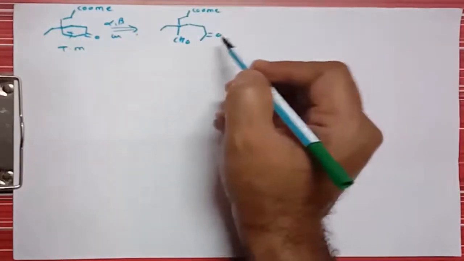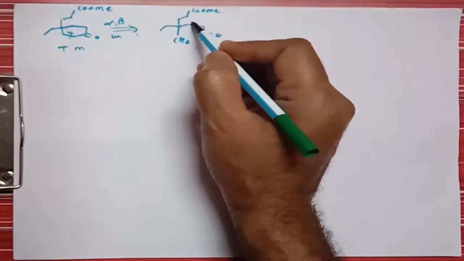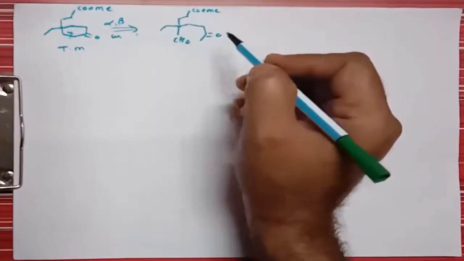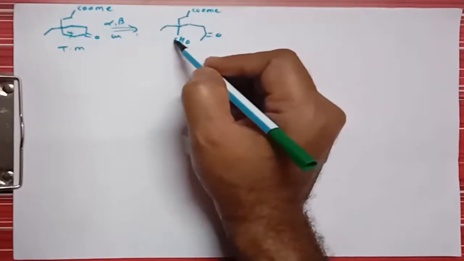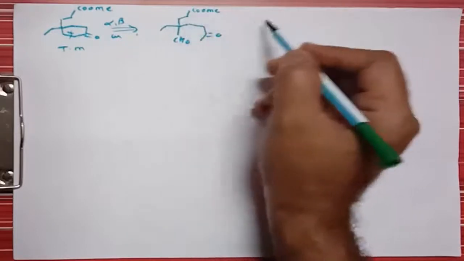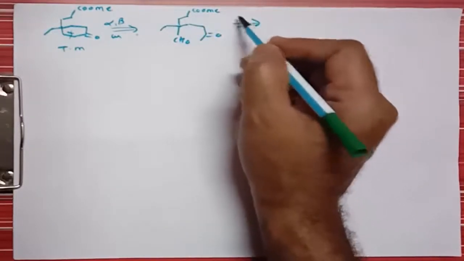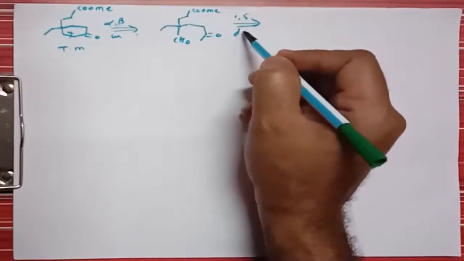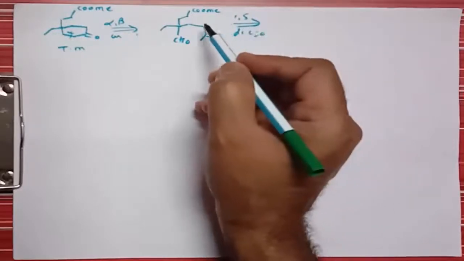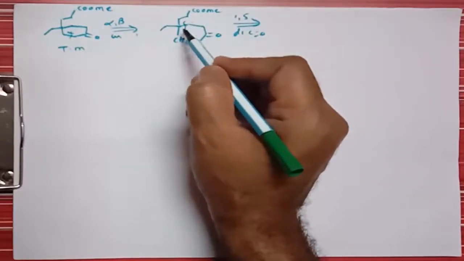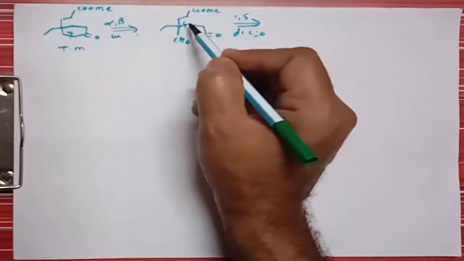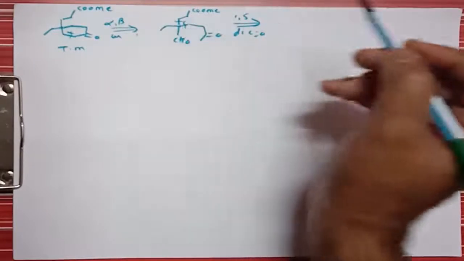So here if we see, it is 1, 2, 3, 4, 5, a 1,5 dicarbonyl compound. Here again 1, 2, 3, 4 and 5, a 1,5 dicarbonyl compound. So we can break the bond at this position, as well as from this system we can break the bond at this position.